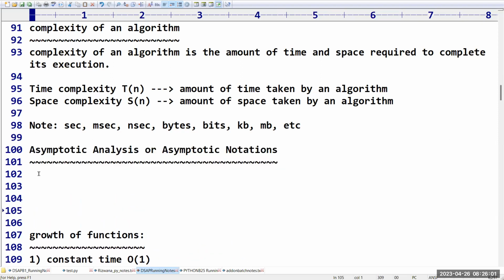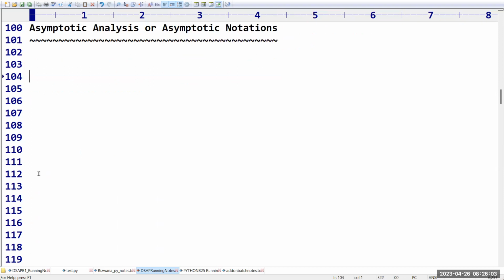So let me write at least a definition. What is meant by asymptotic analysis?